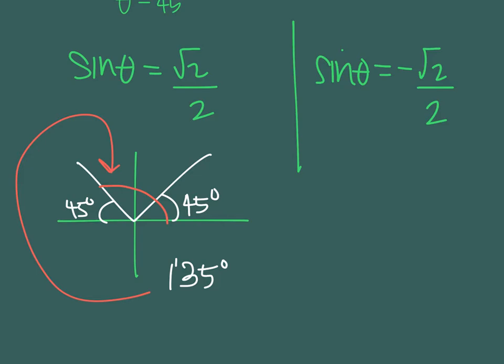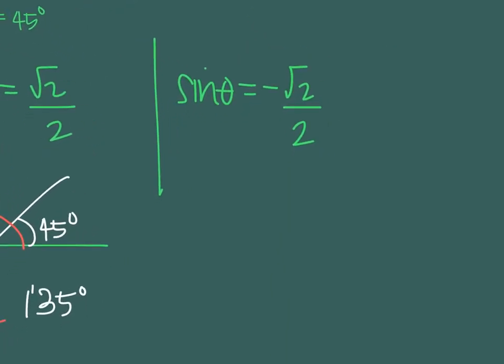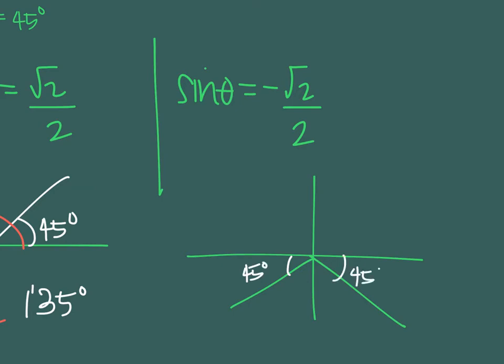Then we go to the second equation. Sine theta is equal to negative square root of 2 over 2. This time we consider which quadrants? 3 and 4. So the first angle must have a 45-degree reference angle, so is the second angle.